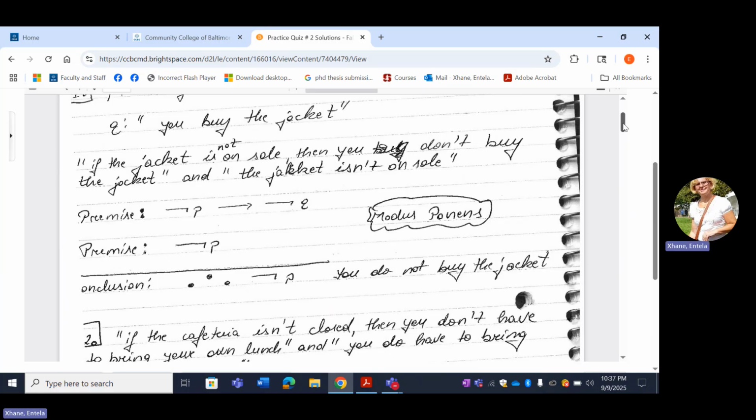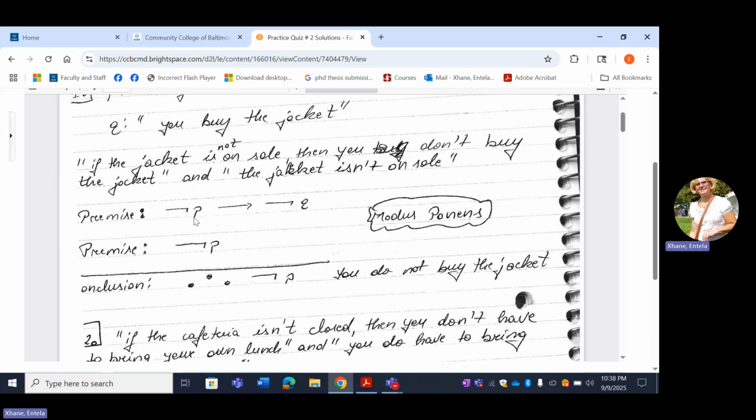So in this case, I have not P implies not Q. So think of not P as being another notation S, and then not Q being another notation W. So you have S implies W and S. So therefore W. So in this particular case, the conclusion should be, that's a typo in there, should be not Q. So you use a new notation S to be close to the modus ponens.